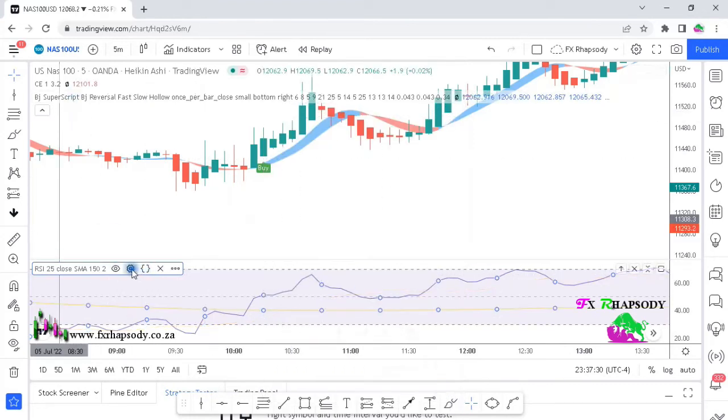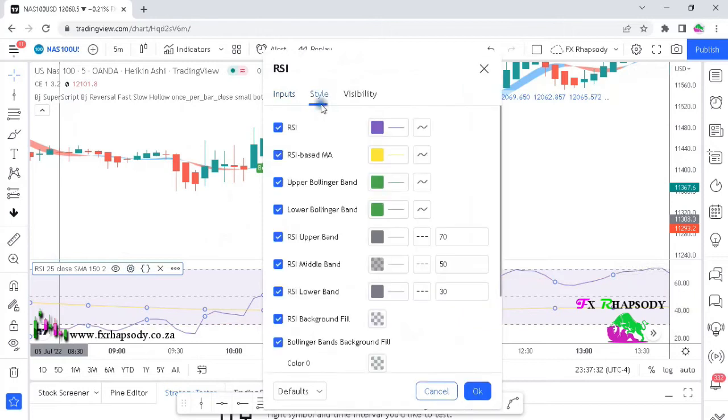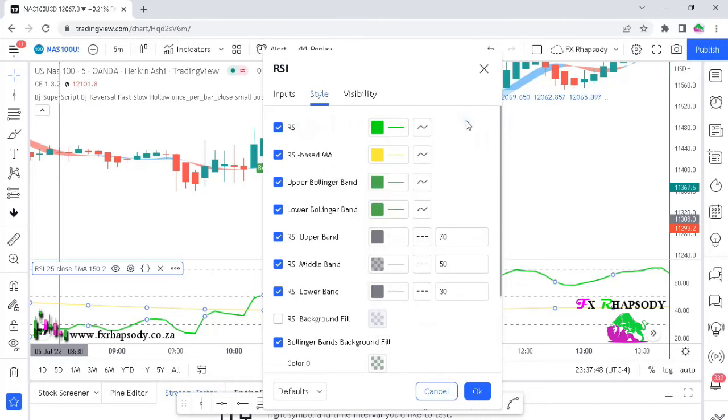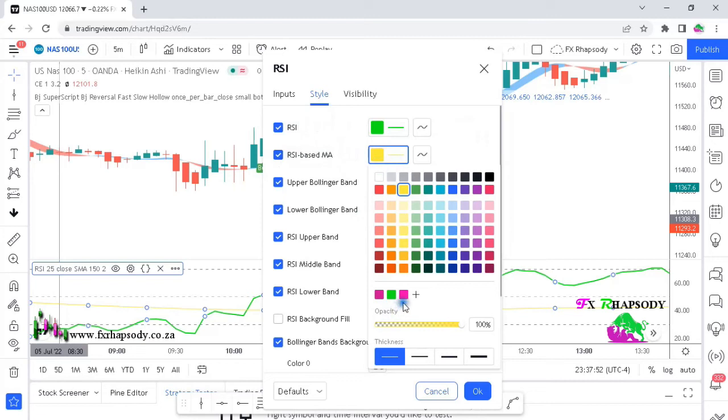Another thing I just want to take out is your style. I don't want any of these fills in there. You want to change your RSI line. It doesn't matter what color you change it to. I like the colors that I use, but I want to make it thick. Okay, the RSI line I want thick to have a look. And then the RSI-based MA, I also just want to change to another color.